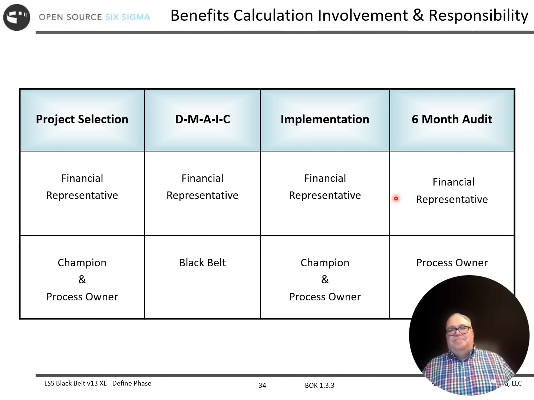And in many companies, and where I am today, we do an audit, especially for the bigger dollar projects, either 6 months or a year later. So we'll get the process owner, somebody from the DMAIC Black Belt team, and some finance folks, and we'll go through and make sure we're sustaining the gain and keeping the money.